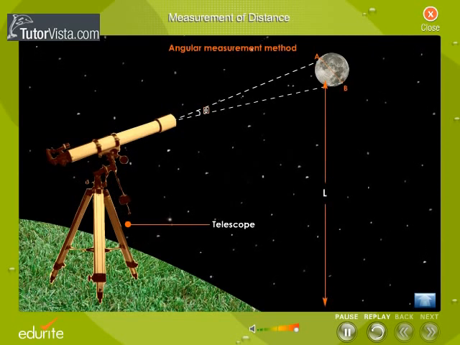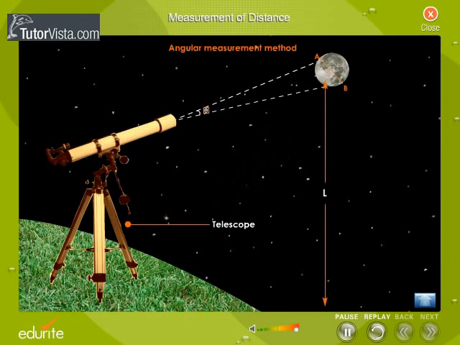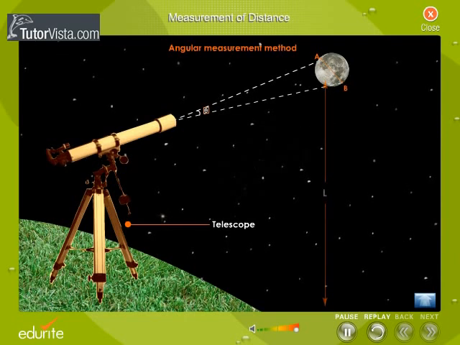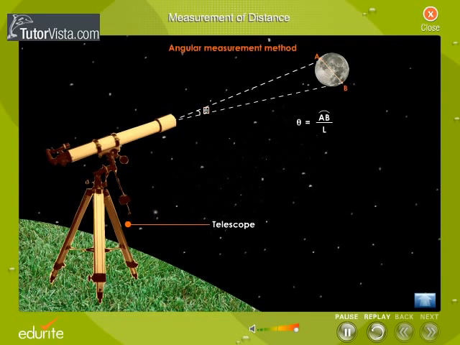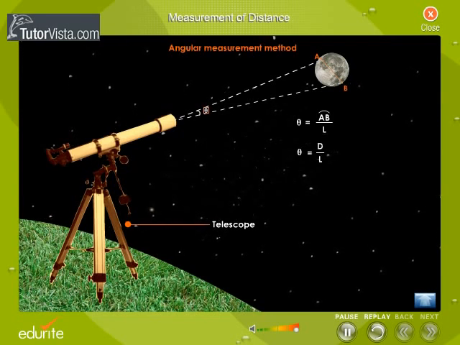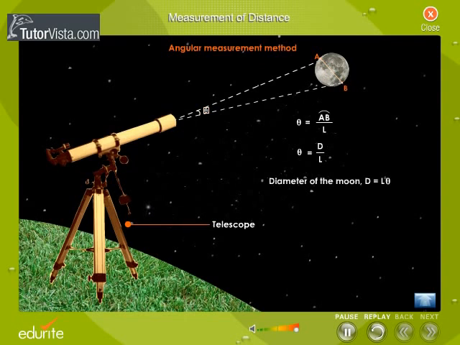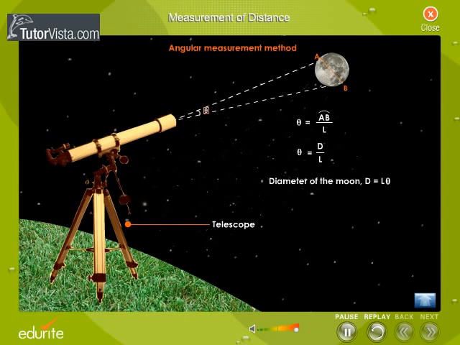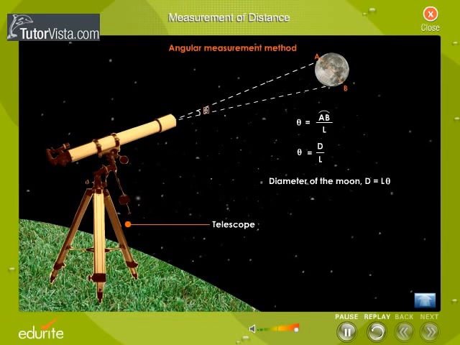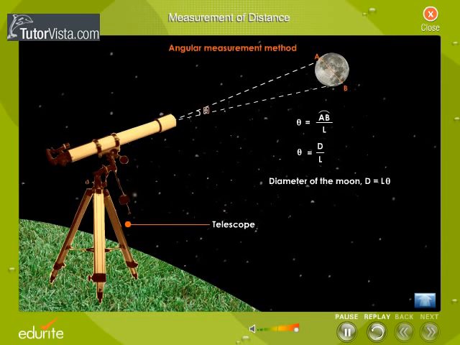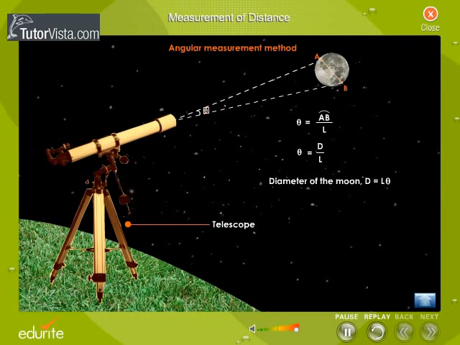If we consider the diameter of the moon as a circular arc of radius L, then we get theta is equal to arc AB by L. Theta is equal to D by L. Diameter of the moon D is equal to L theta. If we know the distance of the moon from Earth and the angle, the diameter of the moon can be determined.